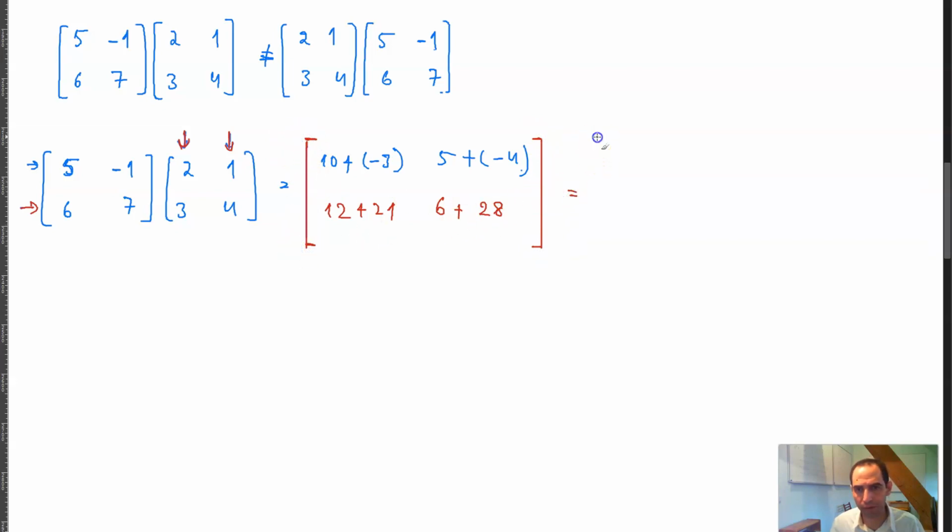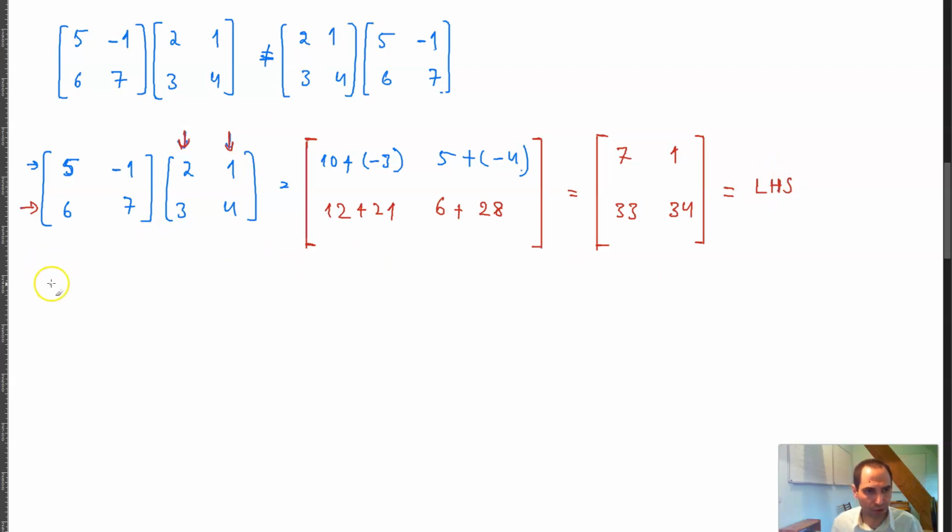So that is the same thing as 10 minus 3 is equal to 7, 5 minus 4 is equal to 1, 12 plus 21 is equal to 33, and 28 plus 6 is equal to 34, right? So that is equal to your LHS.